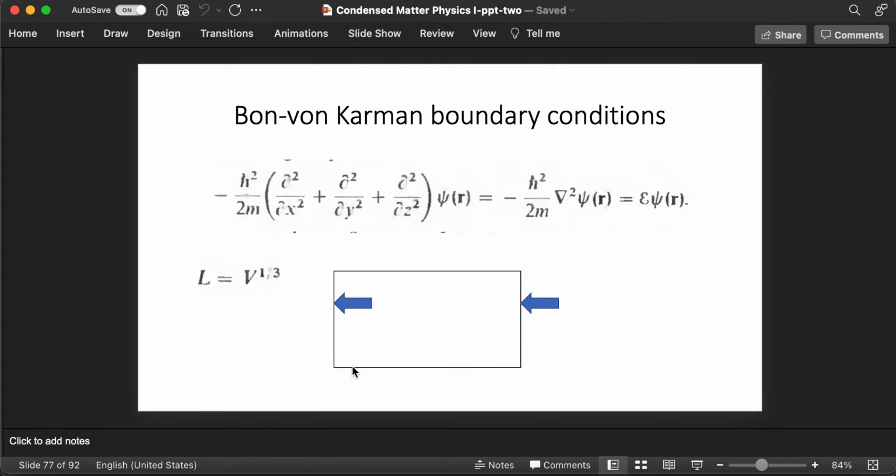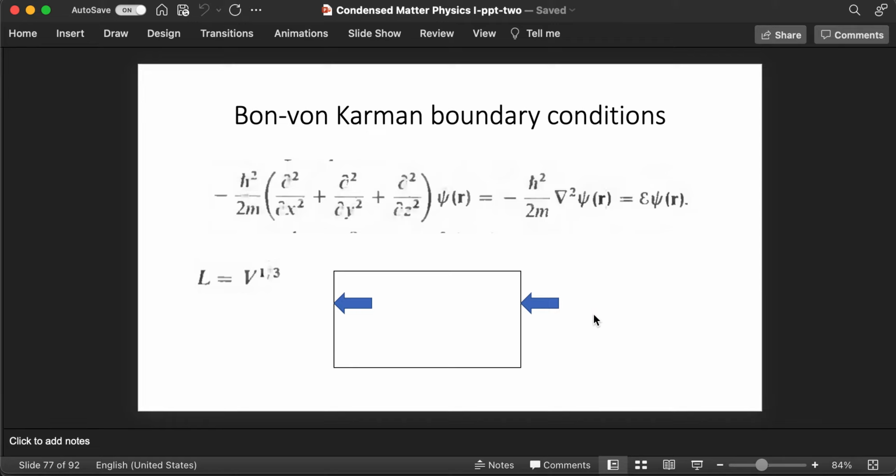Now, in the case of the free electron discussion, we had studied what is known as the Born-von Karman boundary conditions for solving the free electron Schrodinger equation, and we said that this boundary condition essentially means that you consider a box of dimensions L. Then you say that at the instant where the electron leaves the box, the electronic wave function enters at the other end. That's a traveling wave boundary condition.